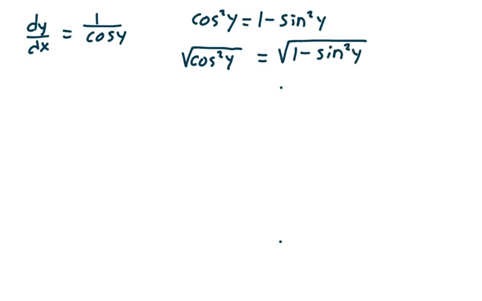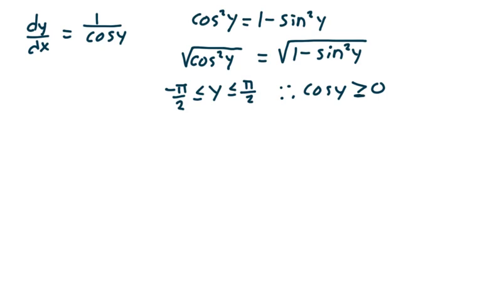So far, so good. And this is an important note. Remember, y is less than or equal to pi over 2 and greater than or equal to negative pi over 2. And so therefore, cosine of y must be positive. Or, well, a little better than that.